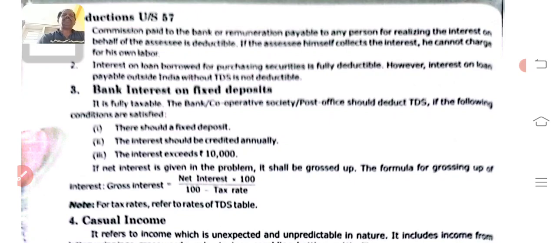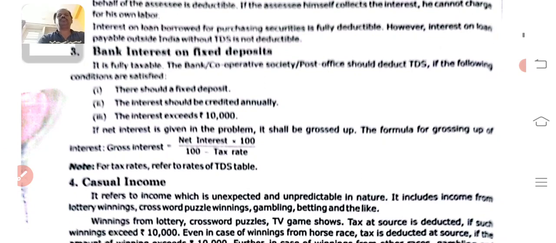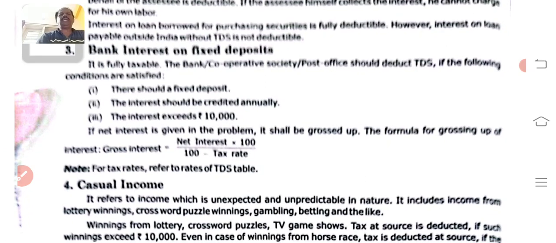The third point is bank interest on fixed deposits. It is fully taxable. The bank, cooperative society, or post office should deduct TDS if the following conditions are satisfied. What is the first one? There should be a fixed deposit.